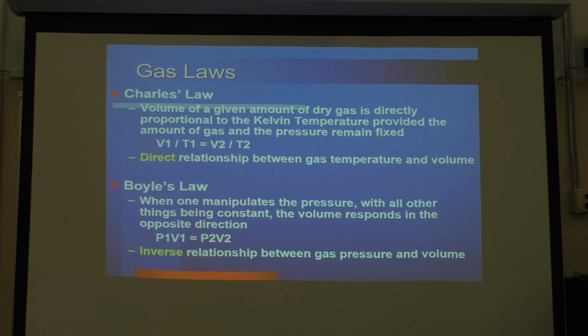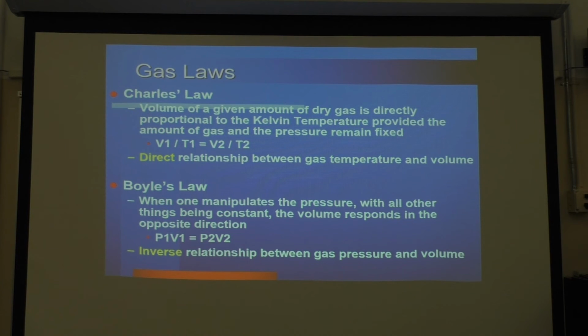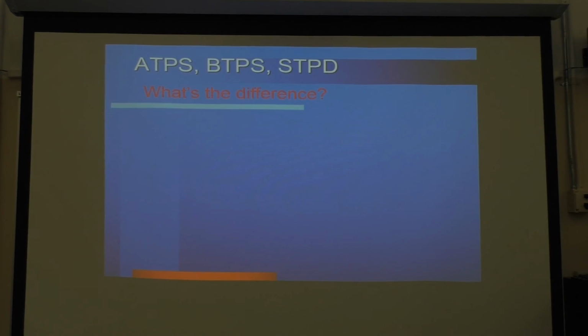It states that there's an inverse relationship between the gas pressure and the volume of that gas, presuming that the temperature stays constant. So with respect to Charles' law, in the example I just gave, the temperature dropped from a standard living room to outside in freezing cold temperatures in winter, and therefore that volume of gas actually got smaller.